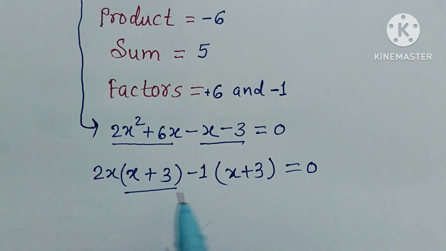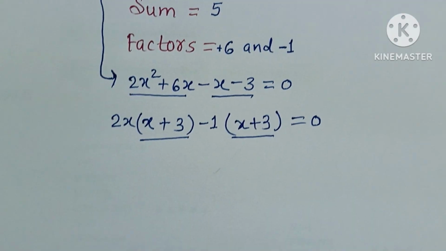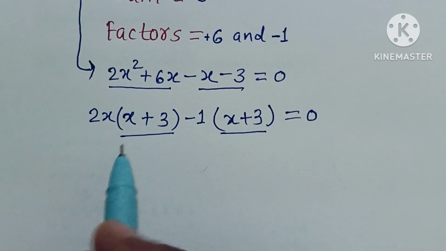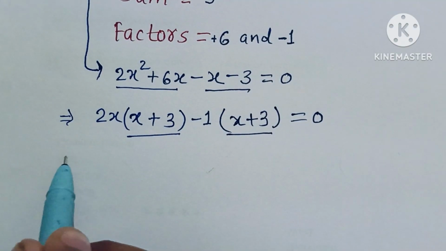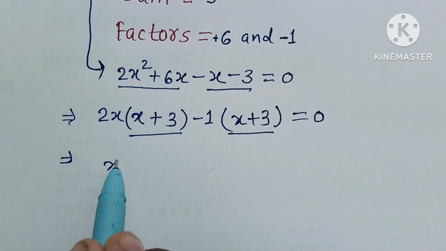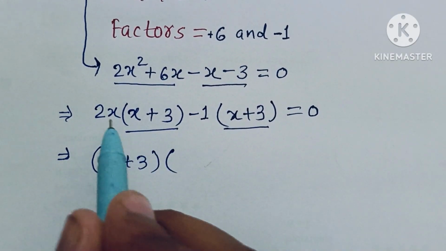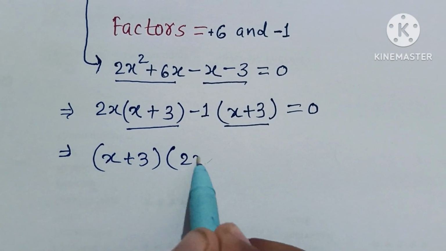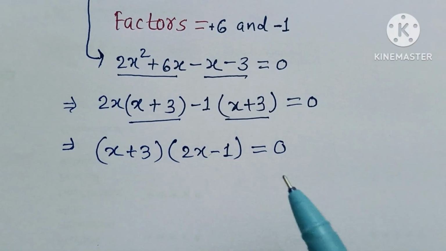These are the common factors. So we write this common factor in one bracket, that is x plus 3, into, in the second bracket we write 2x minus 1, equal to 0.